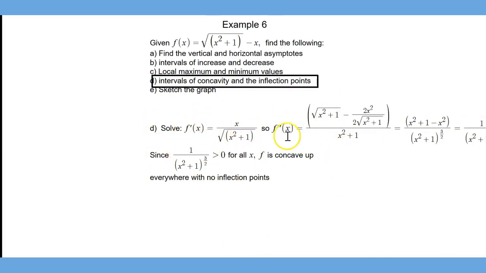But if you find the second derivative, you're going to find it evaluates to this. And that's greater than 0 for all x, because no matter what x is, when I square it, it's positive. And then this is always going to be positive. So this graph is concave up everywhere. And again, since the second derivative is never equal to 0, there are no inflection points.